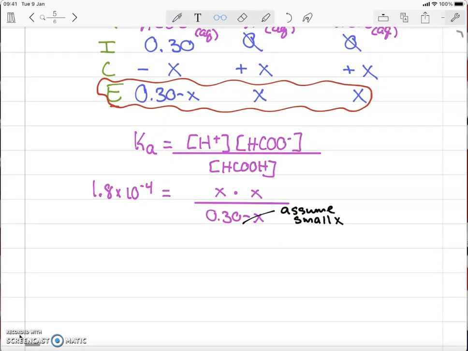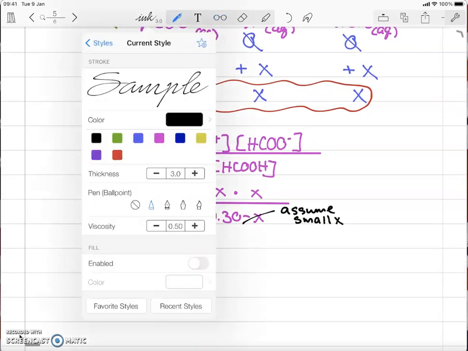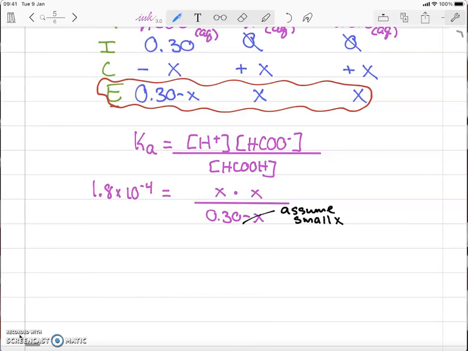And then I like to rewrite the equation again without that x there. I'm going to combine those two x's up top to become x squared over 0.30, and this makes our lives so much easier.